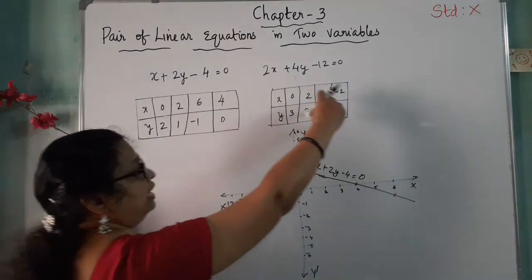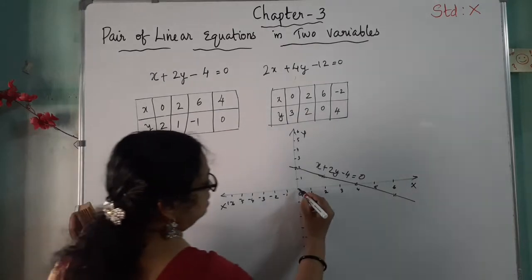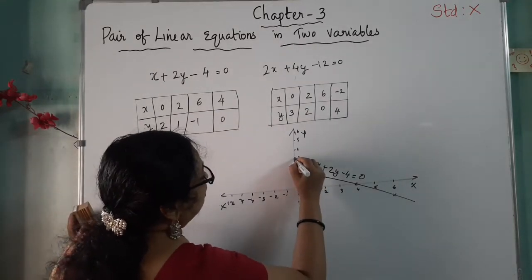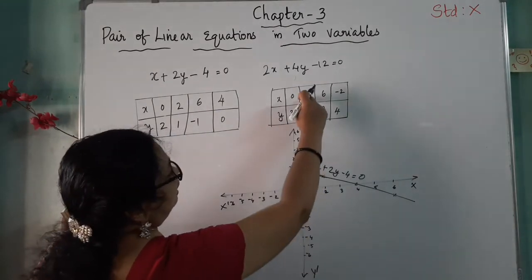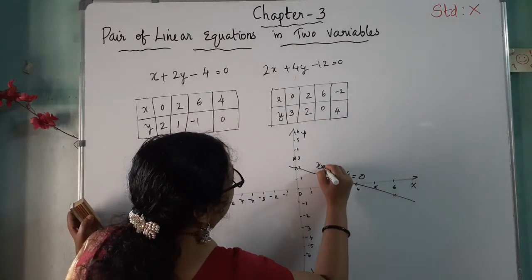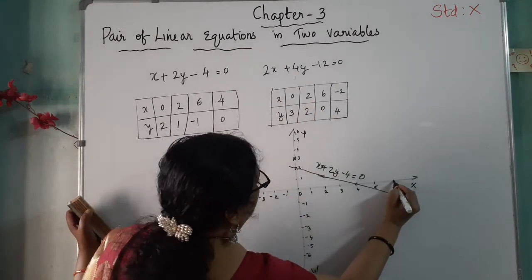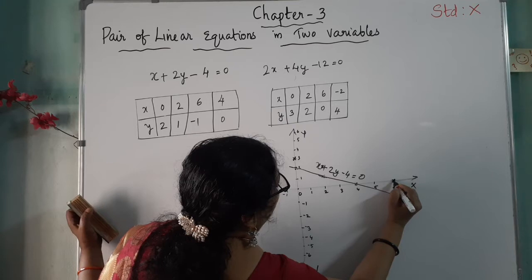In this way we can draw the other line also. That is (0, 3), this is the point, and (2, 2), here 2, here also 2, here is the point. Then (6, 0), here 6 and 0, so this is the point.